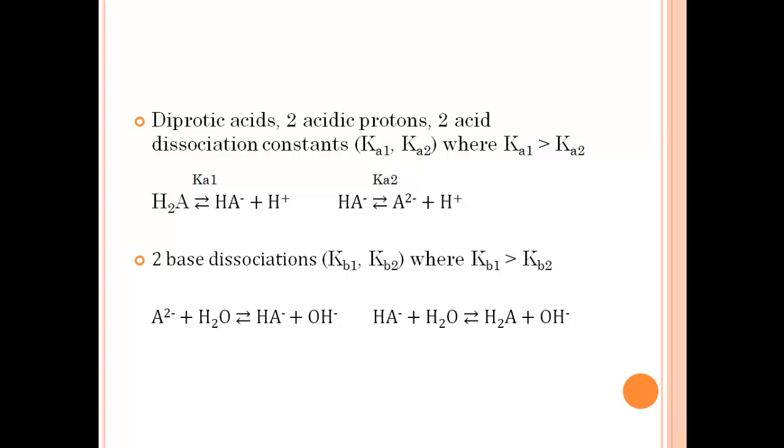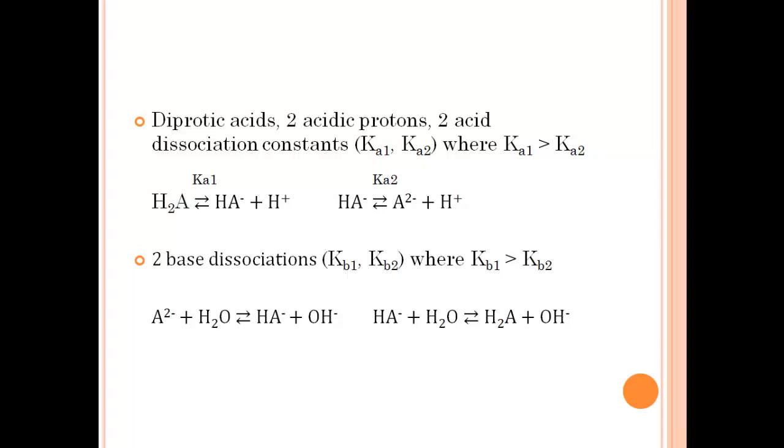Remember, they're the opposite. So the more acidic proton is the one that has the lowest pKa value and the highest Ka value. And here I'm showing you the acid dissociation reactions. Of course, Ka1 is H2A dissociating into HA- and H+, whereas Ka2 takes the HA- and dissociates that.